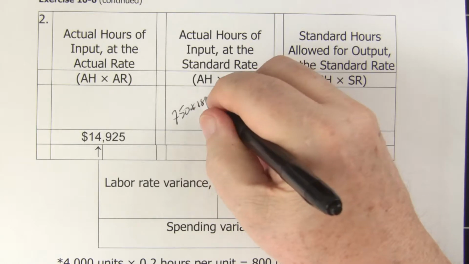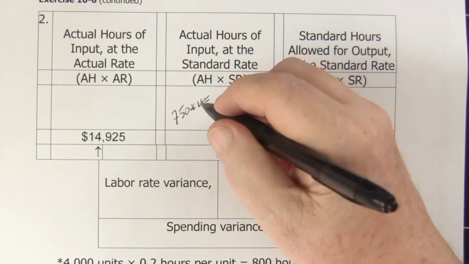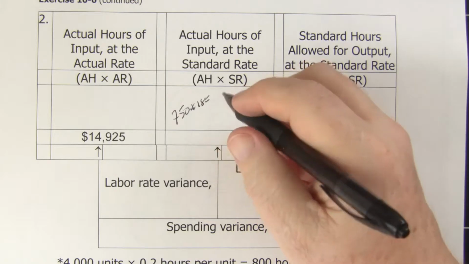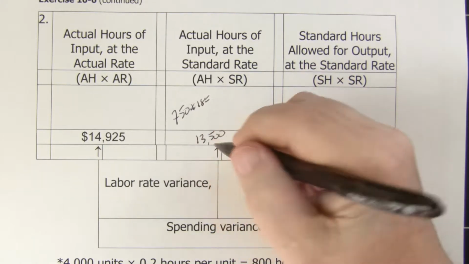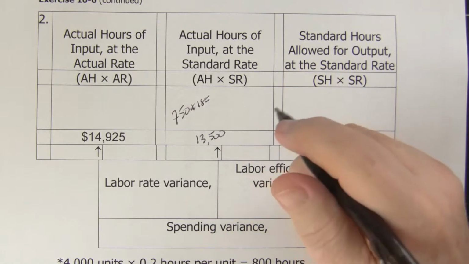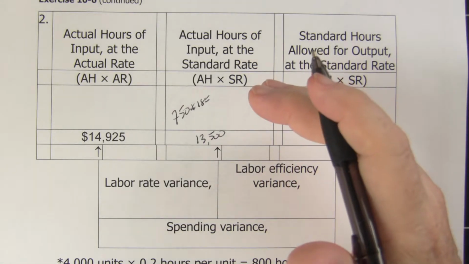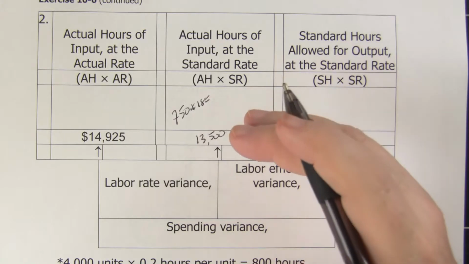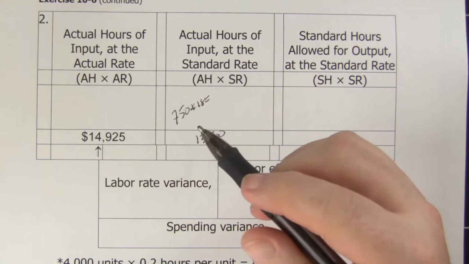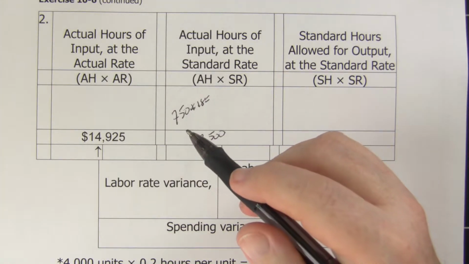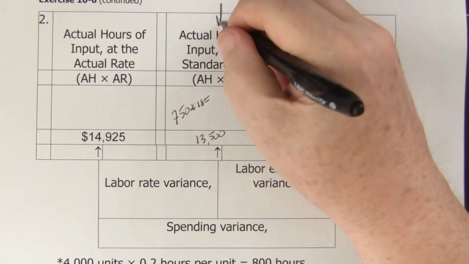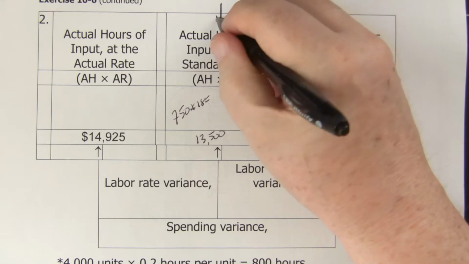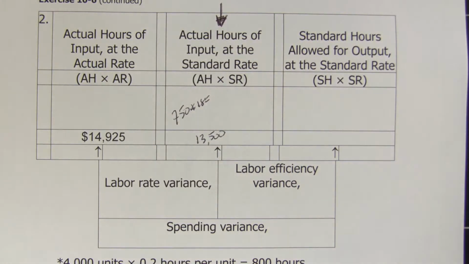Times $18 per hour, we come up with $13,500. So again, think of what we're saying here. The center column is our ideal numbers.